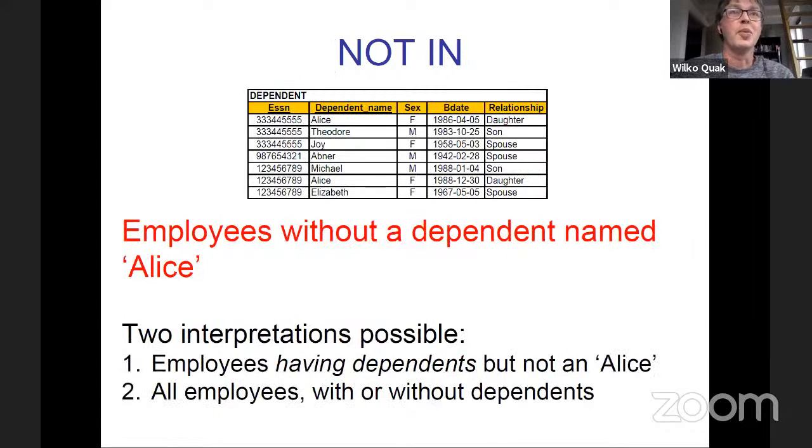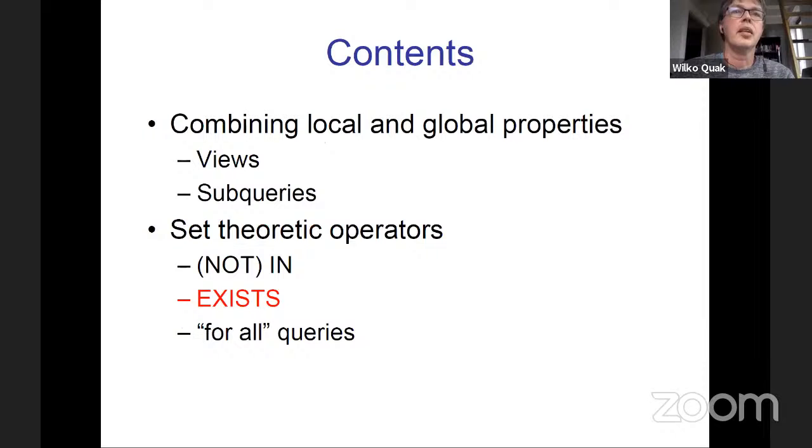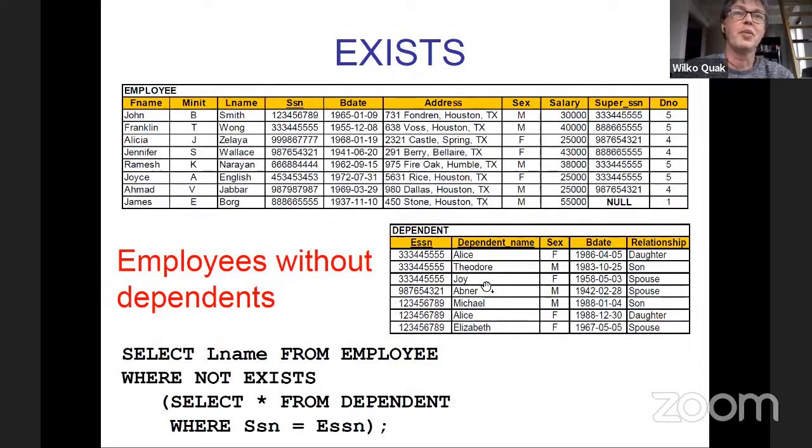You could use it, of course, if you want to have something without all the dependents. And then exists, it says exists is basically similar; exists and not in are interchangeable, so I do not have to explain it.